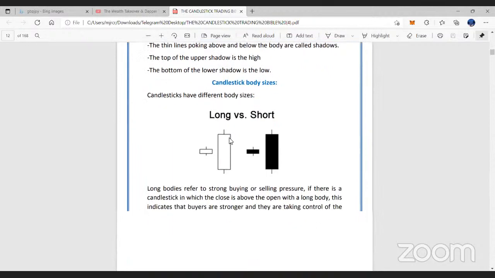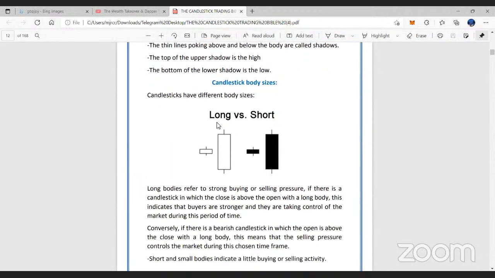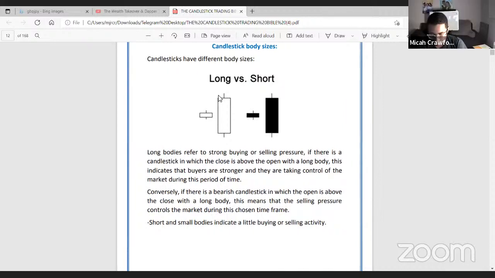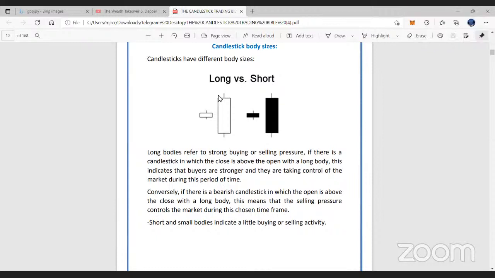Candlestick body sizes. Candlesticks have different body sizes. Long bodies refer to strong buying or selling pressure. If there is a candlestick in which the close is above the open with a long body, this indicates that buyers are stronger and they are taking control of the market during this period of time.